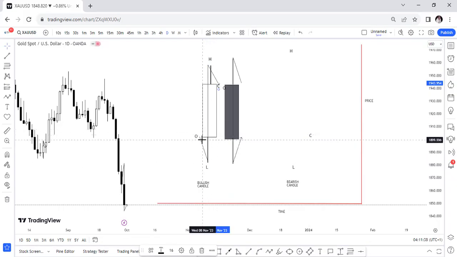But coming to the new knowledge of this SNR, we come to understand that the real support is where the market opens here and starts moving higher to close here at this level. At the level of this close is what we mean by resistance.